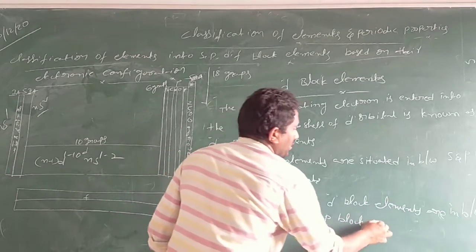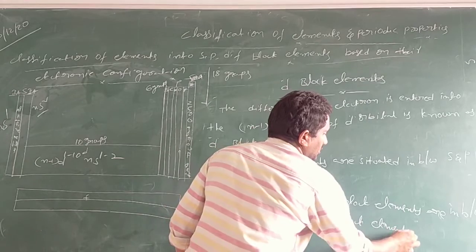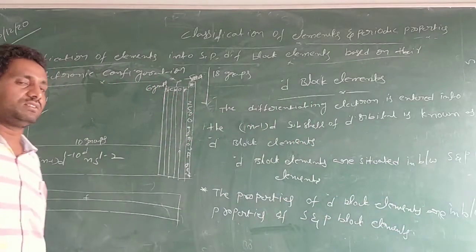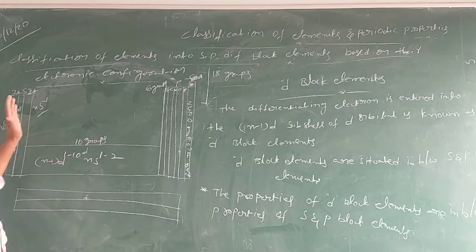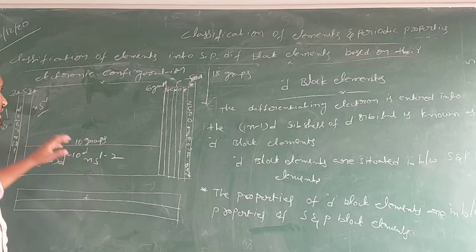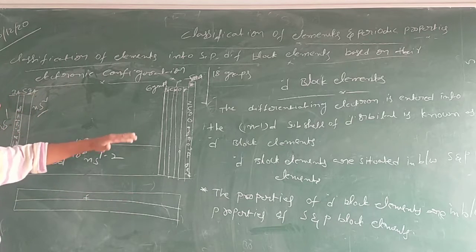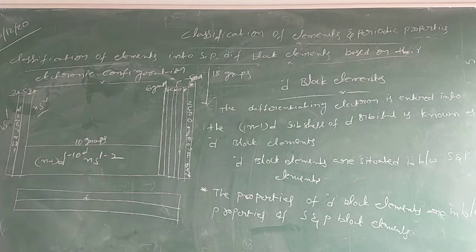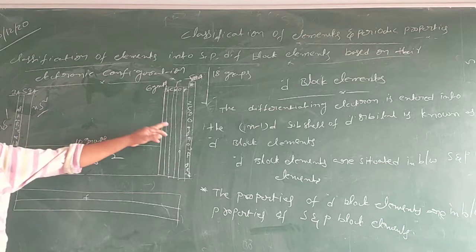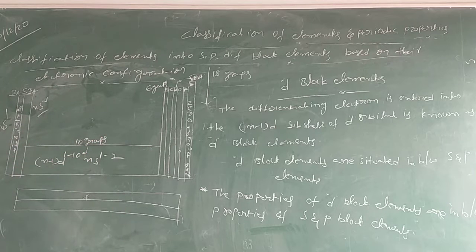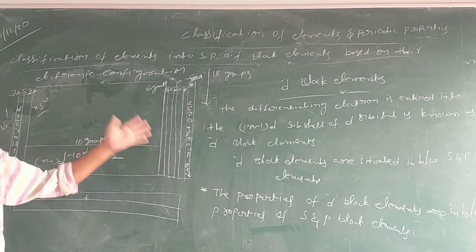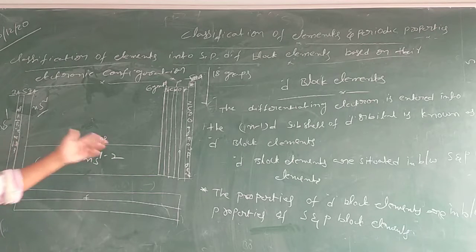So due to this reason, the D block elements are situated between the S block and P block elements. అంటే D block మూలకాన్ని ఎందుకు మనం S మరియు P block elements కి మిడిల్ లో అరేంజ్ చేయడం జరిగిందంటే S block మరియు P block elements యొక్క ప్రాపర్టీస్ కి ఇంటర్మీడియట్ గా ఉంటాయి D block elements. So అందుకు D block elements are situated between the S and P block elements.